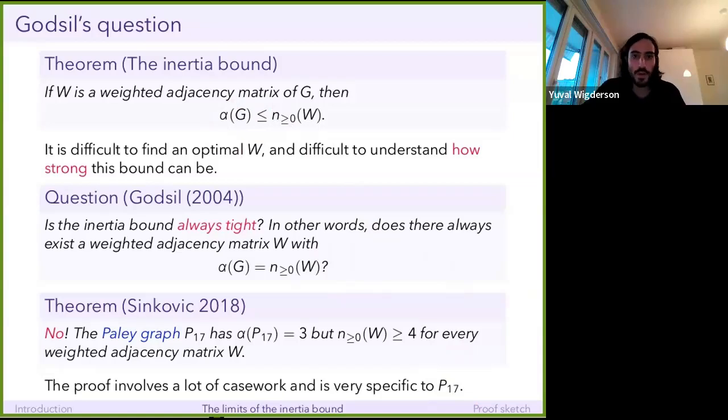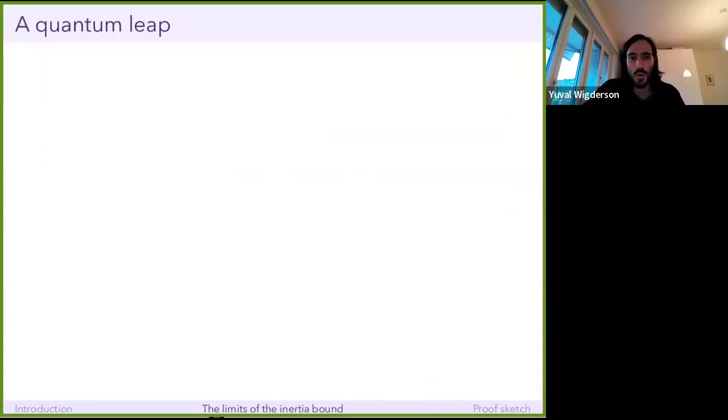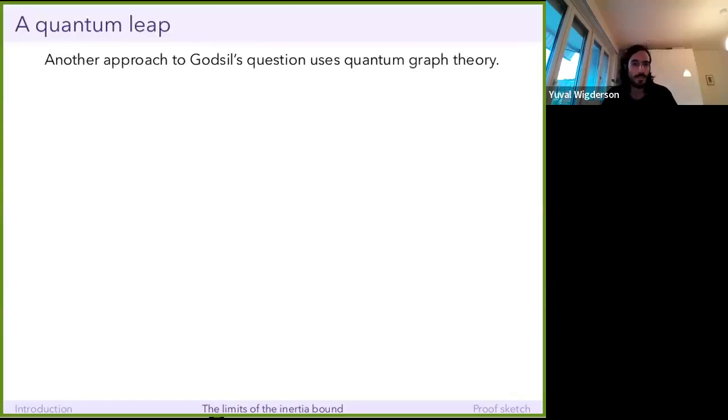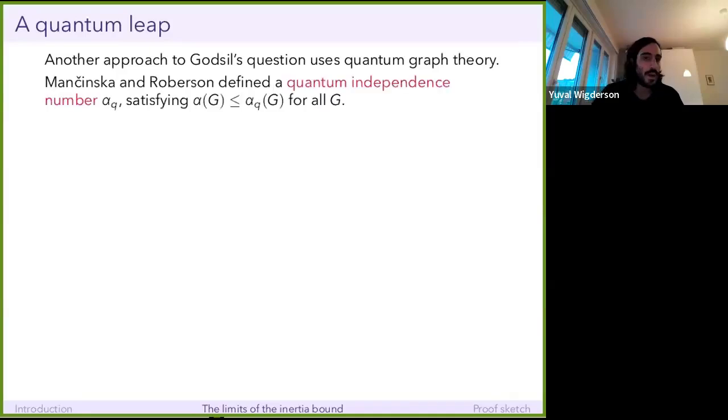Okay, so yeah, it turns out that we can. So a few years ago, people realized that you can also approach this question about the limits of the inertia bound using quantum graph parameters. So there's a thing called the quantum independence number, which was defined by Mancińska and Robertson. It's a graph parameter which is always an upper bound on the independence number.